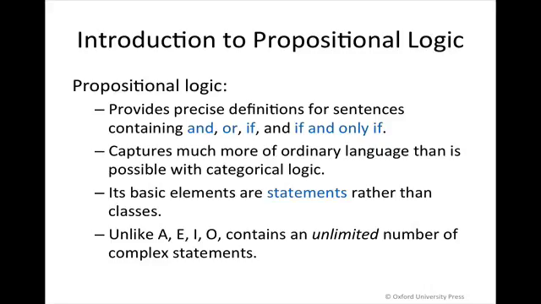We're going to take sentences that contain words like and, or, if, and the phrase if and only if, and similar phrasings, and we're going to define them. As we go forward, I'll start using words like connective and operator in place of talking about and, or, if, and only if in terms of words.